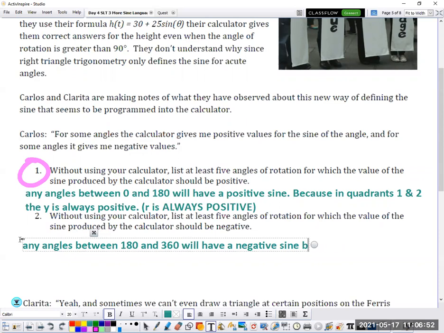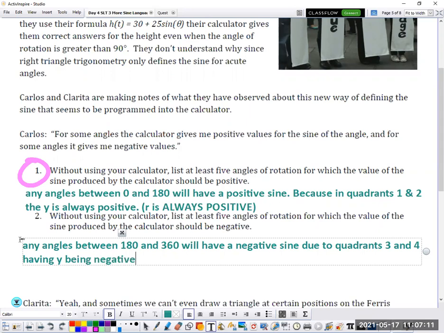Well, I'm going to be specific: due to quadrants 3 and 4 having y being negative.